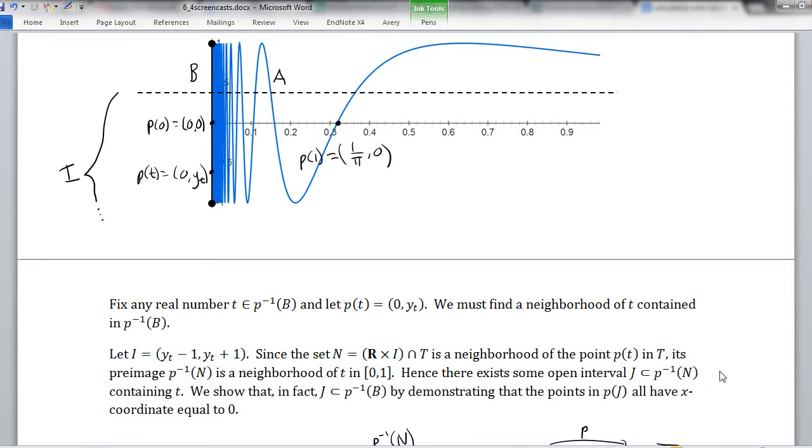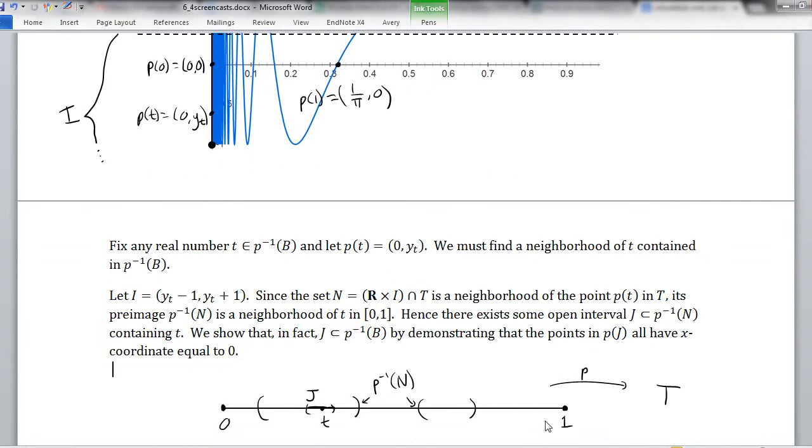So that is illustrated right down here. And here's our path mapping the interval from 0 to 1 to our topologist's sine curve. And I've found this set N whose preimage is a neighborhood of t. I've drawn the preimage of N as having a couple of pieces here.